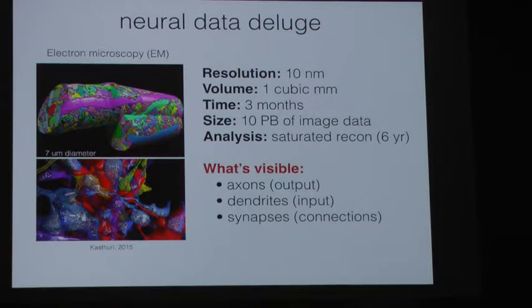And then some of the most sophisticated reconstructions that have been carried out. So doing full saturated reconstructions of cubic millimeters or even smaller, something like here where we actually look at all of the processes, all of these different colors represent different neurons that they've been able to trace out within these electron microscopic data sets. The diameter of this volume is about 7 microns, and so within this amount of data, to segment it, it took about 6 years to do a full saturated reconstruction.